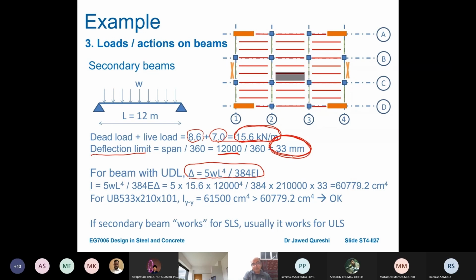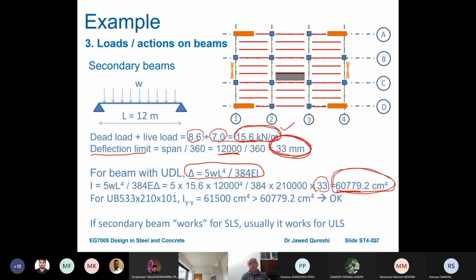Now in this formula, if I make I as my subject, then it will be 5WL to the power 4 over 384E delta. W is this load, unfactored load. Length is given, 384. E is modulus of elasticity, which is 210 gigapascal. And delta is 33.